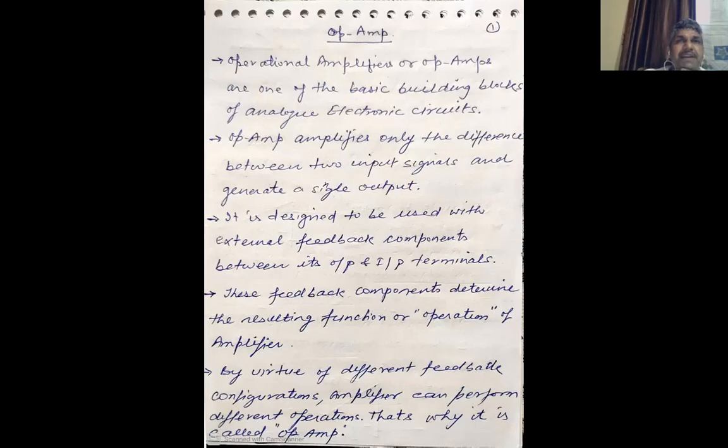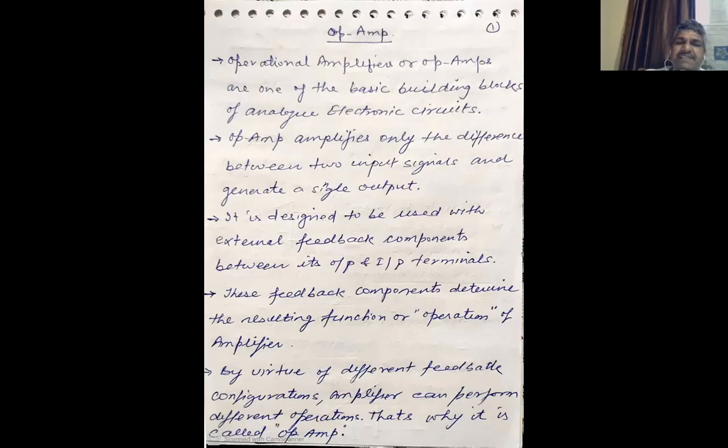Depending upon these feedback components, we decide whether the op-amp is an inverting amplifier, non-inverting amplifier, logarithmic amplifier, and so on. Or we can say whether the op-amp is used in an open loop configuration or a closed loop configuration. By virtue of different feedback configurations, the amplifier can perform different operations.